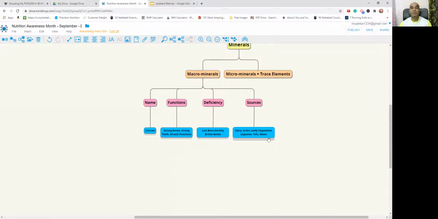As I have already mentioned, the municipality or the corporation wherein we live adds essential minerals to our water. But if we are drinking water through a borewell, then we might have heard that the TDS level, or the total dissolved solids of the water, is more. The mineral levels are more, which might also be harmful for our body.